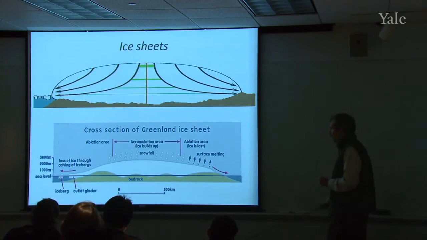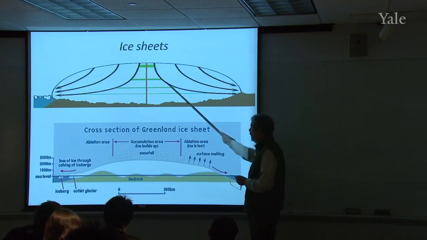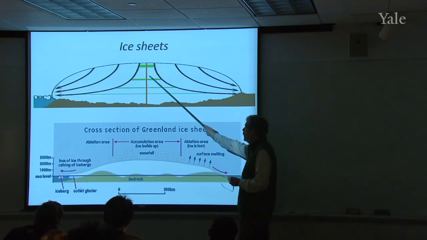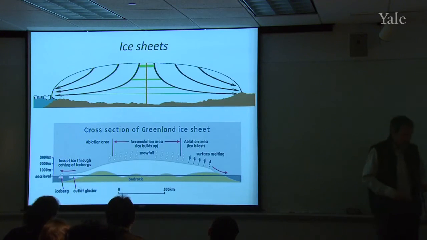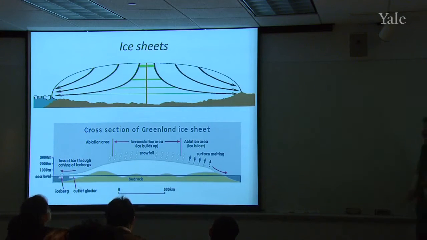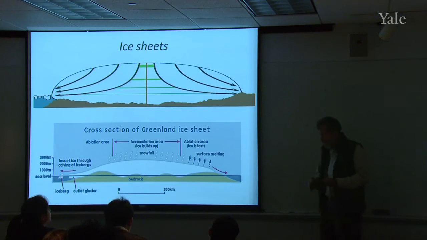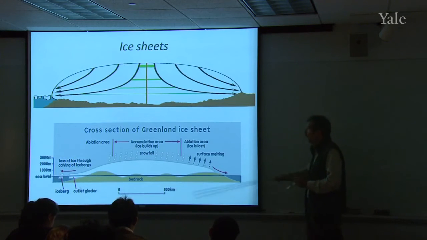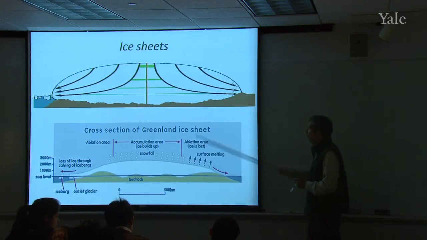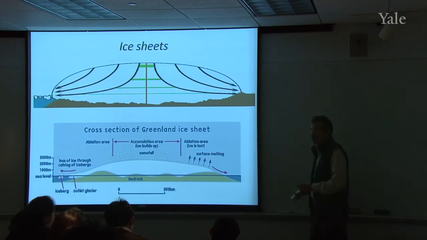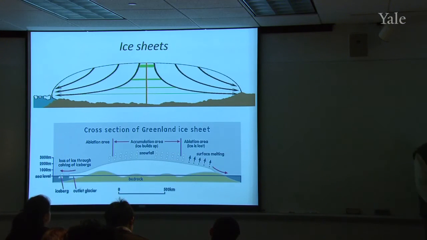But in any case, you've got to balance the mass by having this flow moving from the center towards the edge, and that's the way ice sheets work. That speed is not very great. It may be only a meter per day or even a meter per week. Those flows can be quite slow, but nevertheless, they balance this annual accumulation of snow on the high parts of the ice sheet.